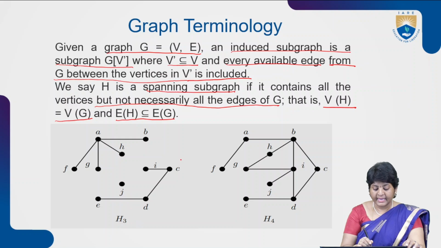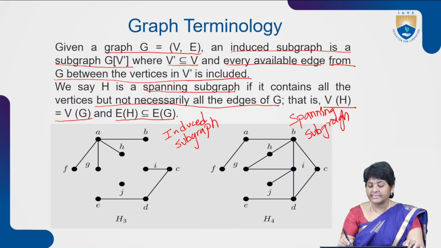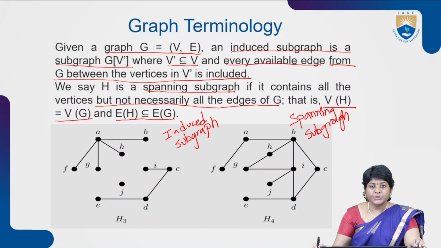So here H3 is an induced subgraph, and H4 is a spanning subgraph. In these two subgraphs, there is no compulsion to maintain a set of vertices.